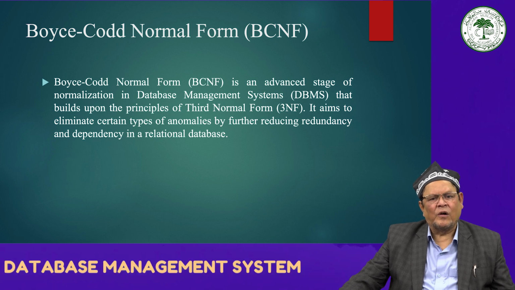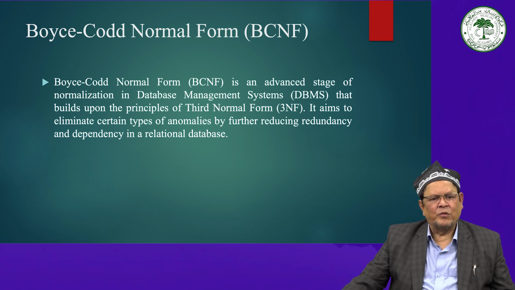Functional dependencies on candidate key. In BCNF, every non-trivial functional dependency, where the dependent attribute is not a subset of the primary key, must be a dependency on the candidate key. This means that every determinant attribute determining another attribute's value must be a candidate key.